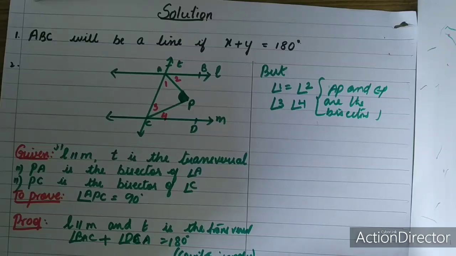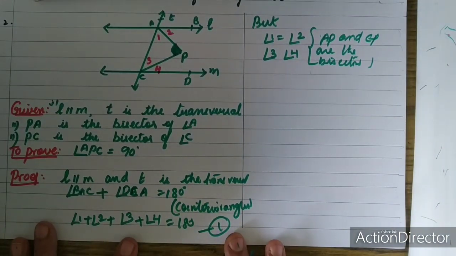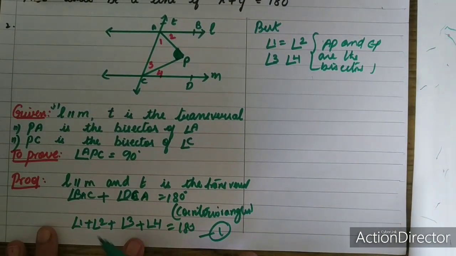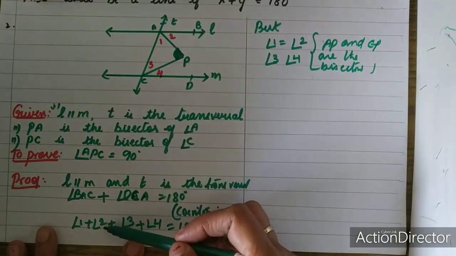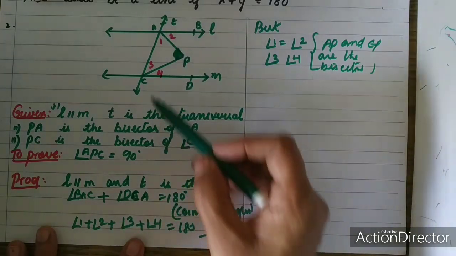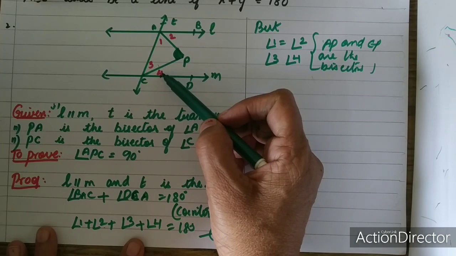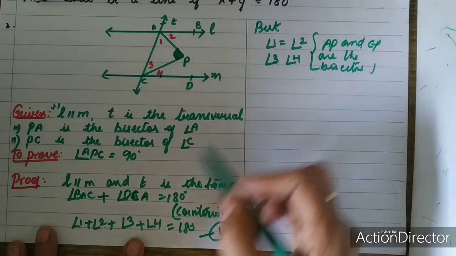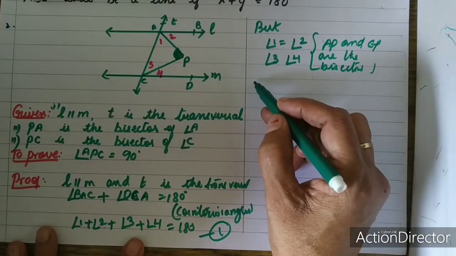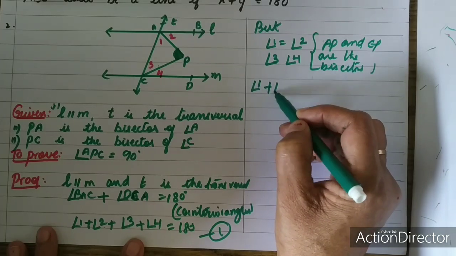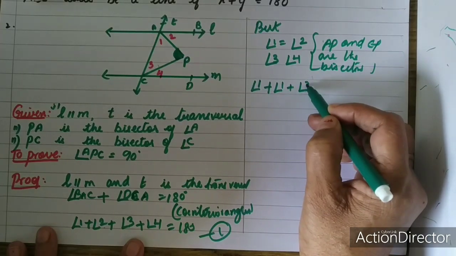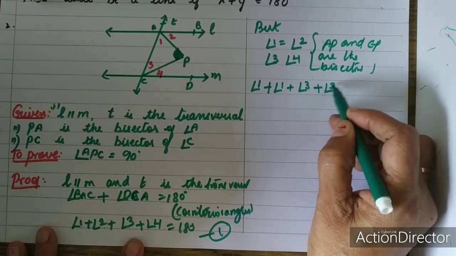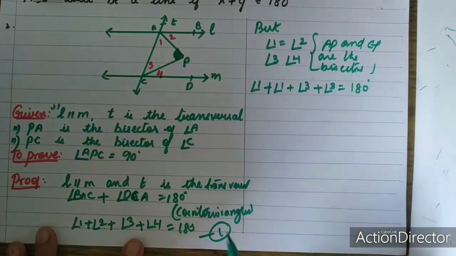So in equation number 1, this equation I named it as 1, let me replace the value of angle 2 as angle 1 and replace the value of angle 4 as angle 3. So in the equation 1, I am going to write angle 1, again angle 1 plus angle 3, again angle 3 is equal to 180 degree.